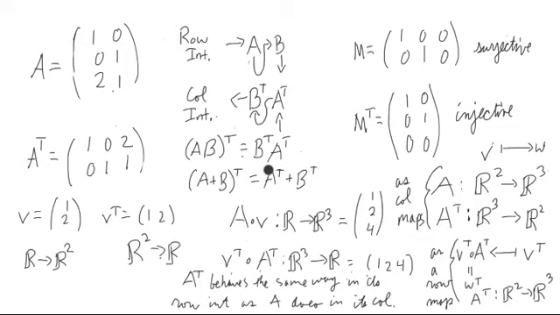So matrices are functions, and they add just as functions add. You just add their outputs together, and in particular, the columns or the rows, depending on your interpretation, actually give you outputs of specific vectors.